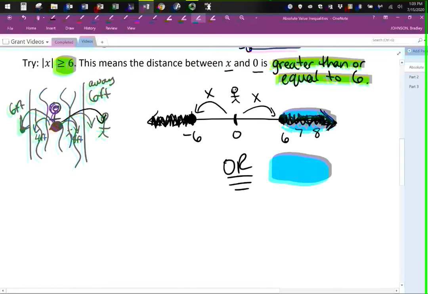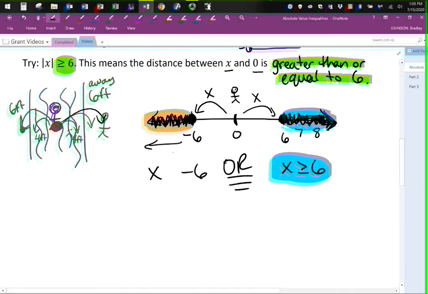So over here on the right side, you can see this shaded piece. I'm going to say that this is represented by X greater than or equal to 6. Okay, if we take away the absolute value, this really makes sense, right? X greater than or equal to 6. Okay, or we have the other statement. Let's look over here. Let's compare X to -6.